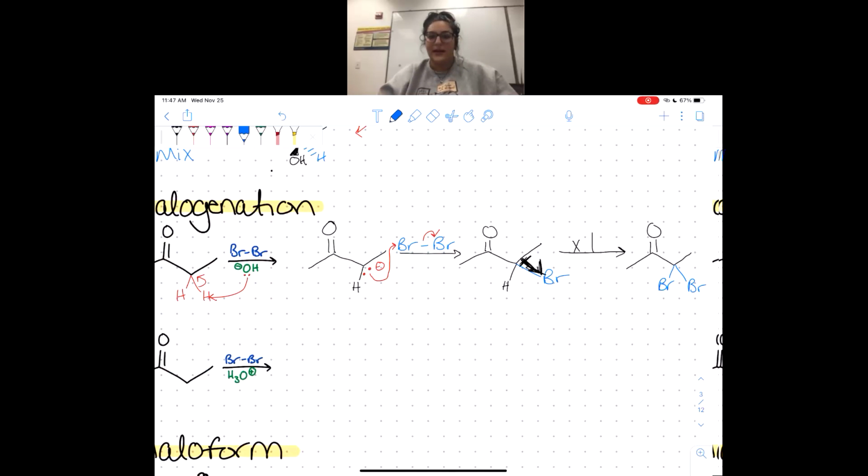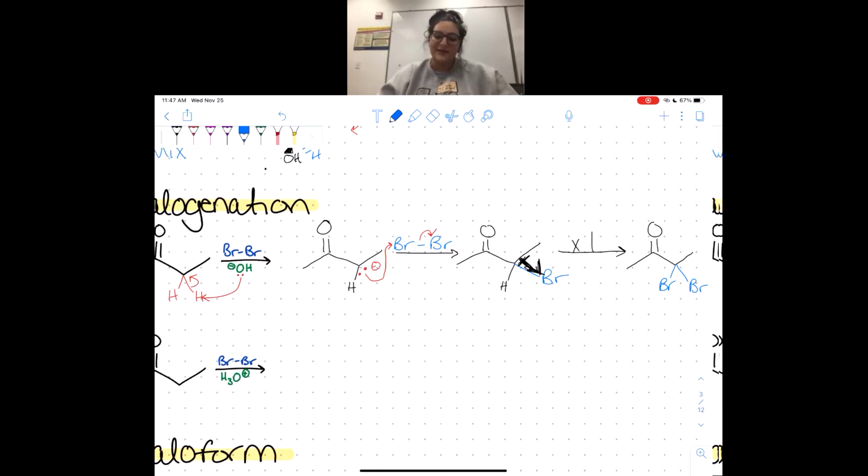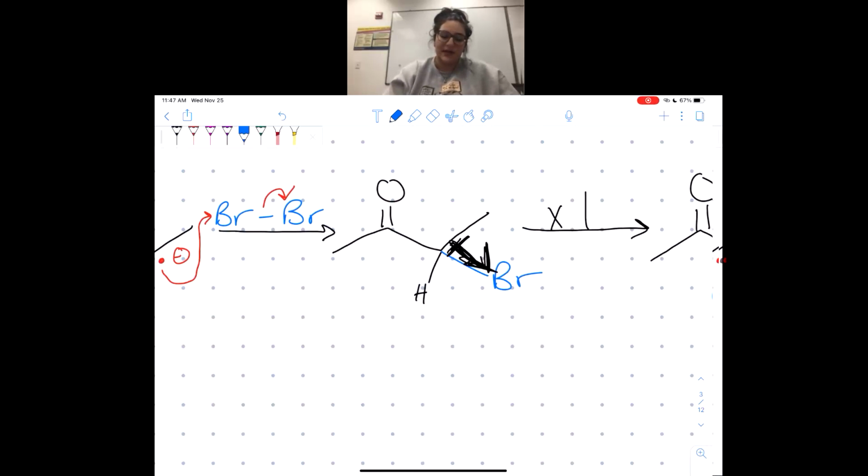So it's very, very important. I'm not going to draw the whole thing again because, as I said, we're going to do a summarized version of these. But the reason we can go through this one more time is because we have our base catalyst still present, and the base can go ahead and steal that hydrogen super quickly and without using too much energy.